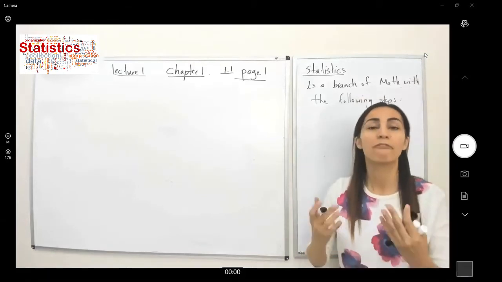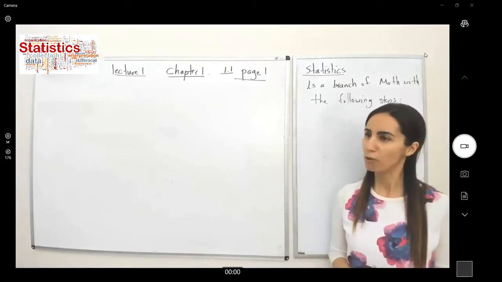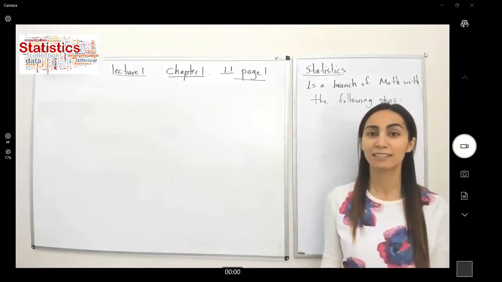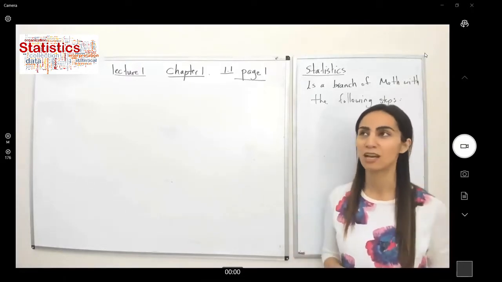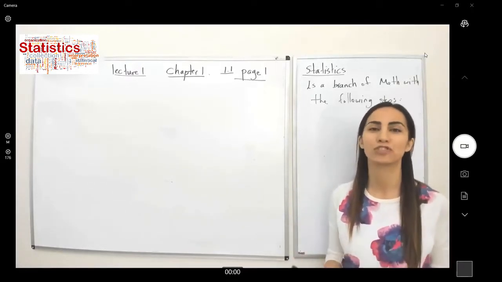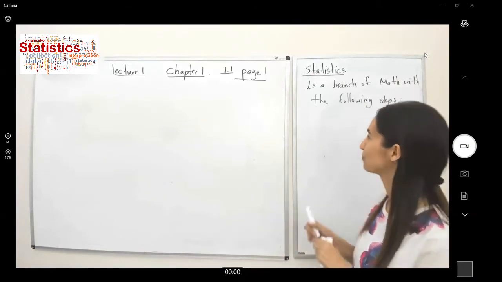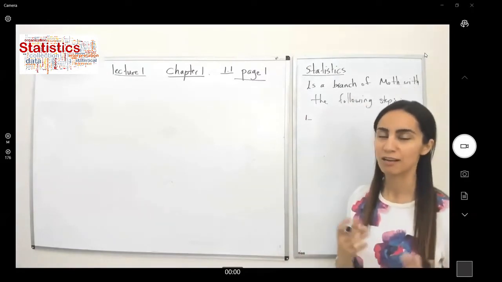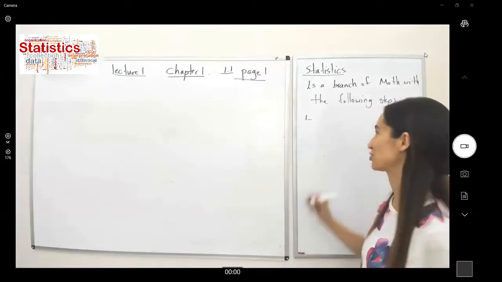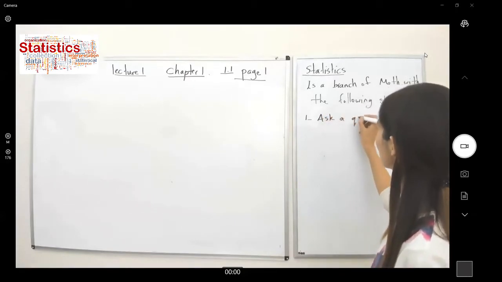What is the very first step in statistics? Well, as a statistician, the very first thing you have to think about is asking a question. What is the question? So in the very first step, we start by asking a question.